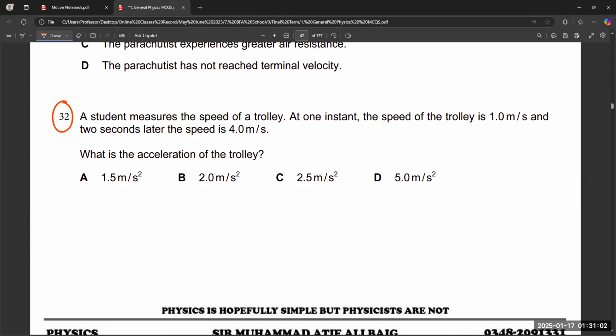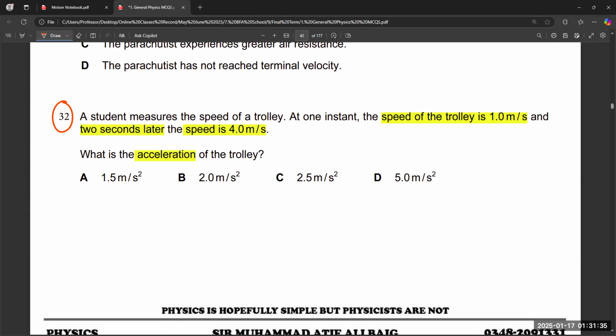In this, we need to find the acceleration. I was saying that in this case we'll take the acceleration as positive, because speed is increasing, right?